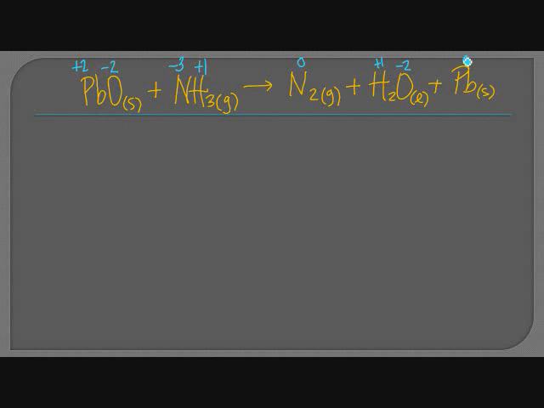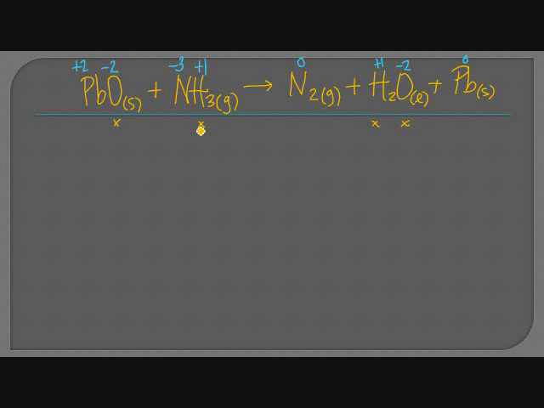Okay, so we want to still make sure that the charges are balanced out. Okay, so let's look at what we've got going on. Now, I'm just going to not waste my time writing it down. Do you notice how the oxygen stays -2 on either side? And the hydrogen stays +1 on either side? So that means that those are not considered in our redox part.